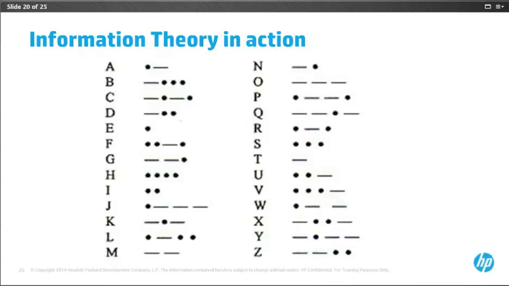A quick example of how we can see information theory, what the core tenets behind it are, is to look at Morse code. Samuel Morse designed Morse code 100 years before Shannon came up with the concept of entropy. But in it is the basic idea of what is going on.